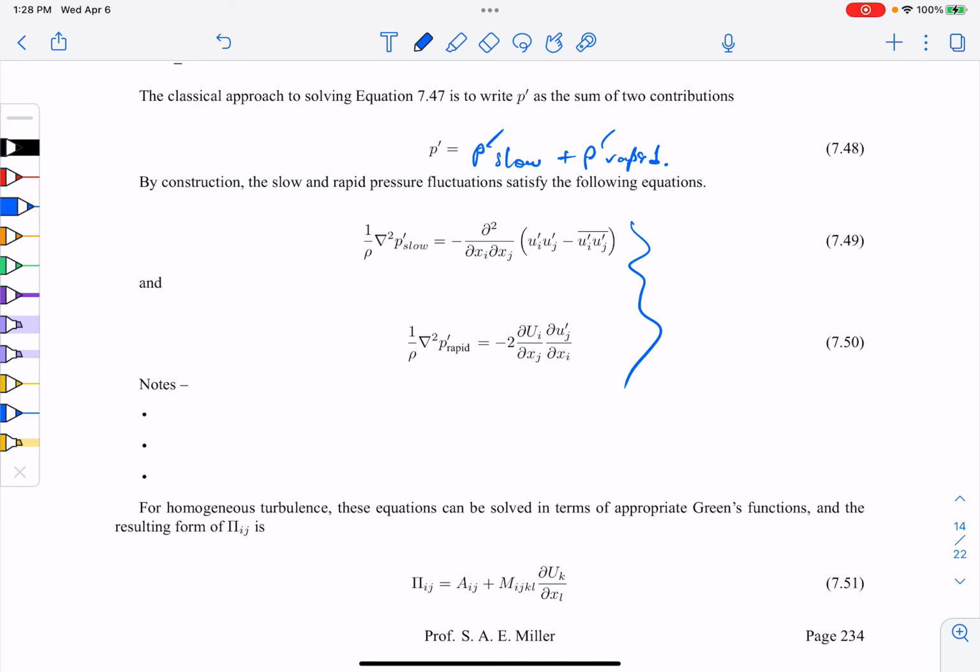So now we have two equations which satisfy 747, and we could solve them independently and sum their results to get P prime, which is the relation between the pressure and these variables. So you'll see in general there's a notion by the nomenclature that we talked about, and it means that changes in the mean strain rate contribute immediately to P prime rapid.